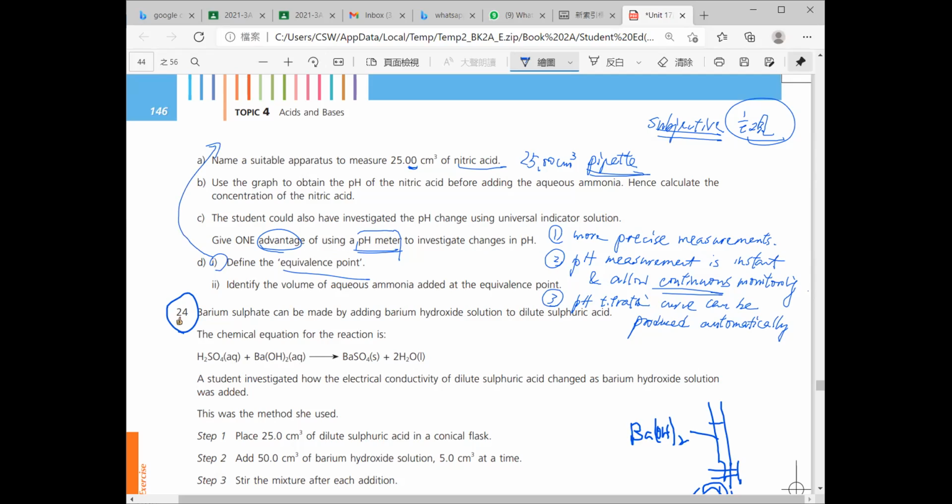The point at which sufficient alkali has been added to just neutralize all acid. Just completely react, right, with all acid. So we call it equivalence point dominantly.